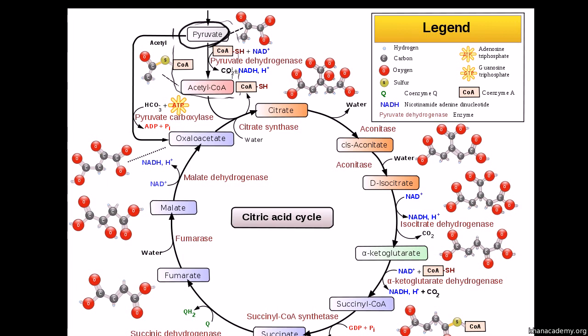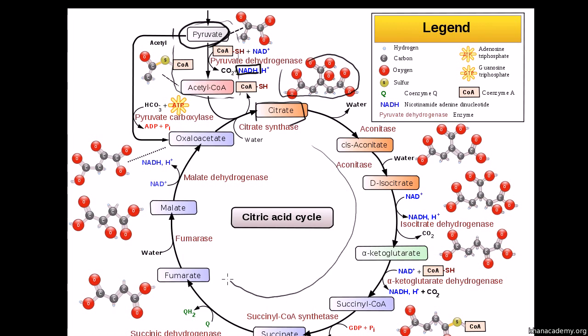And you see we produce a carbon dioxide, and we reduce an NAD plus into NADH. Then we're ready to enter the Krebs cycle. The acetyl-CoA and the oxaloacetate, or oxaloacetic acid, are reacted together to create citric acid. They've actually drawn the molecule there. And then the citric acid is oxidized through the Krebs cycle right there.